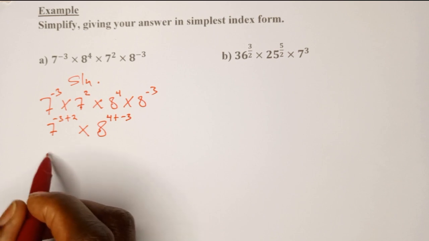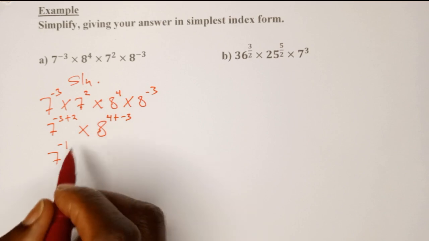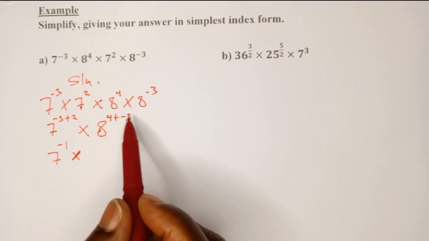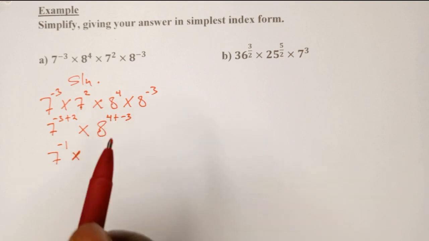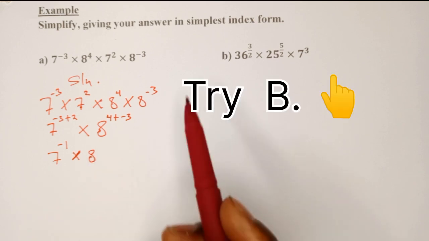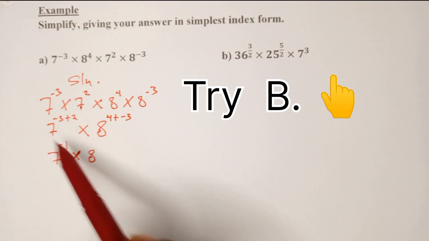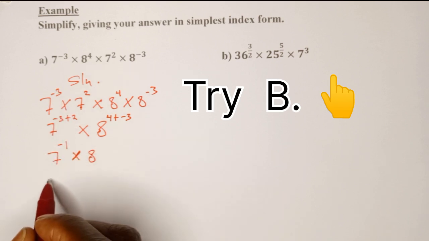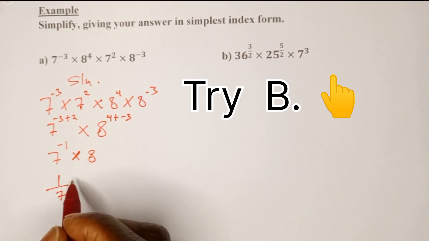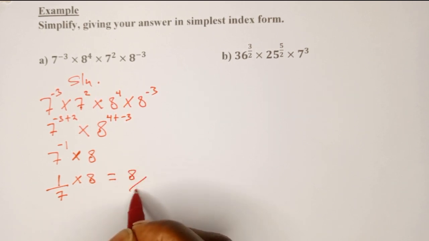If you simplify, this will be 7 raised to minus 1, because negative 3 plus 2 is minus 1, times 8 raised to 4 minus 3, which is 1. According to the negative index law, this can be written as 1 over 7. Then we multiply by 8. So finally our answer will be 8 over 7.